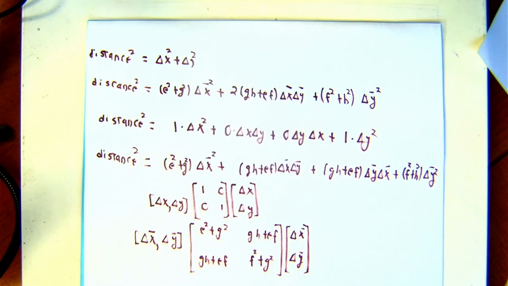If I'm using coordinates that are not Cartesian, the same kind of thing happens, but the matrix in the middle isn't as nice. Later on, we're going to have a very fancy set of words to use with this.